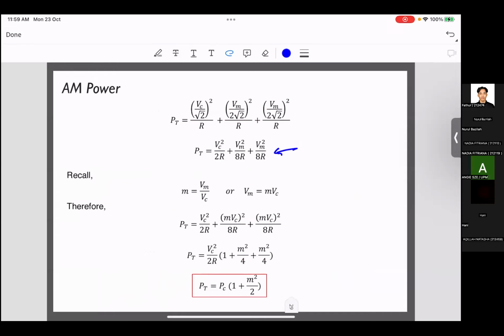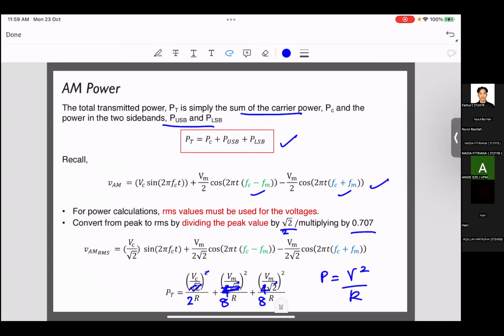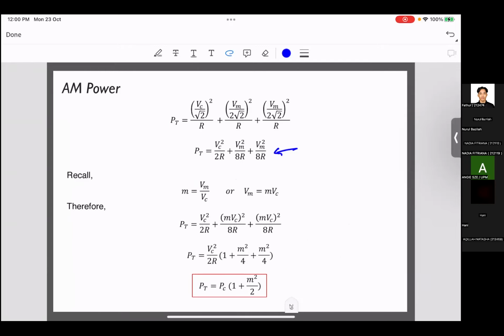Now, where did my sine go? It's still there, but we are assuming the sine is equal to 1 here. Typically in power, we don't deal with instantaneous power, so we don't follow this. We just want the RMS, which is almost like the average, but not really.